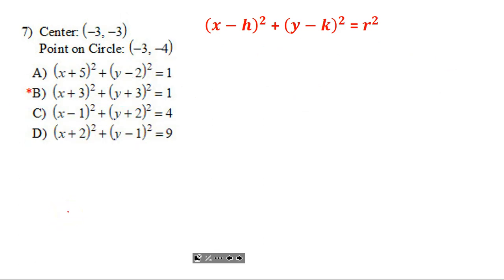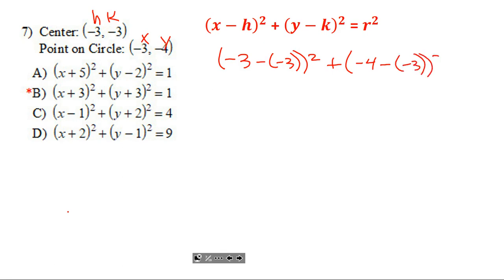The next one gives us a center and a point on the circle. So now, again, this is going to be our H and our K. Now this time, this is going to be our X and our Y. And we're going to have to solve for the radius. So when we do this one, we're going to put these into our formula. So our X is -3 minus a -3 squared plus Y is -4, again, minus a -3 squared, and that's equal to R squared.